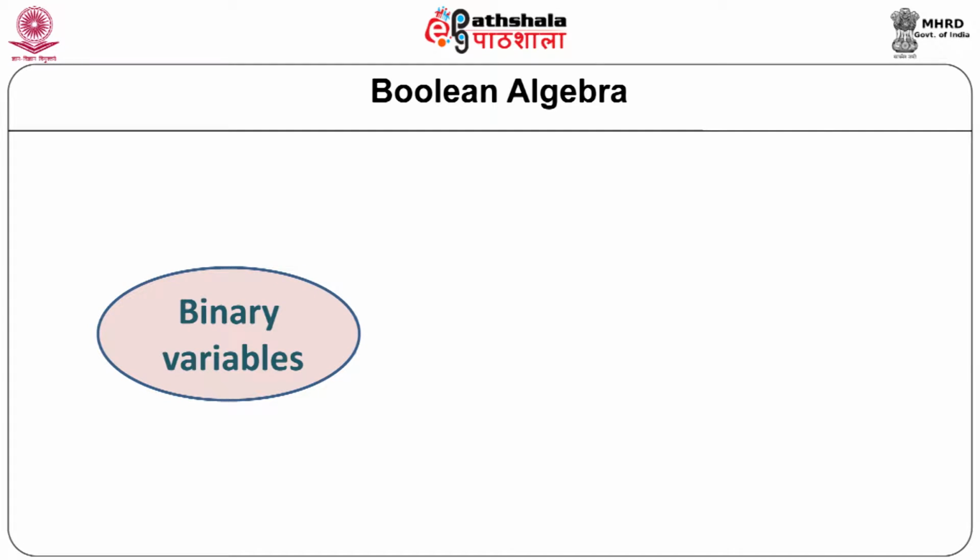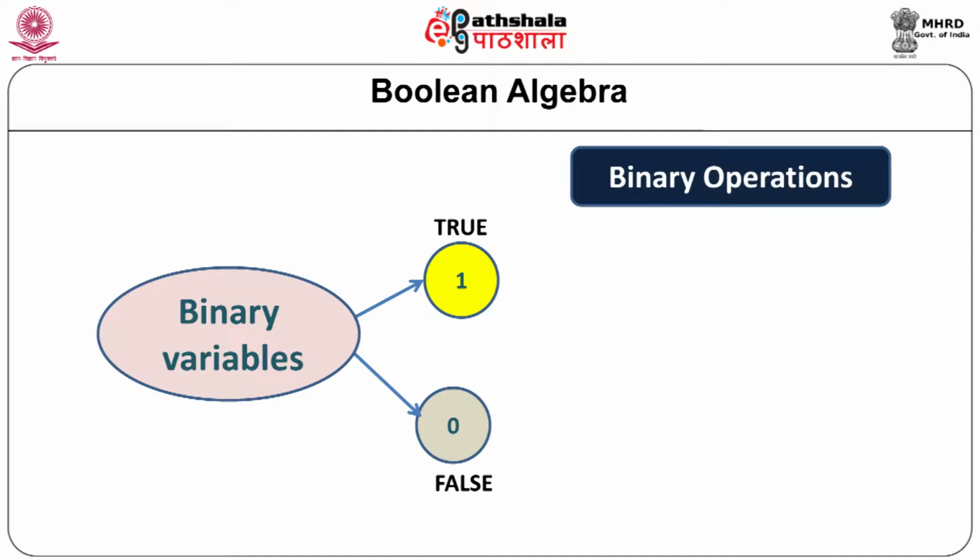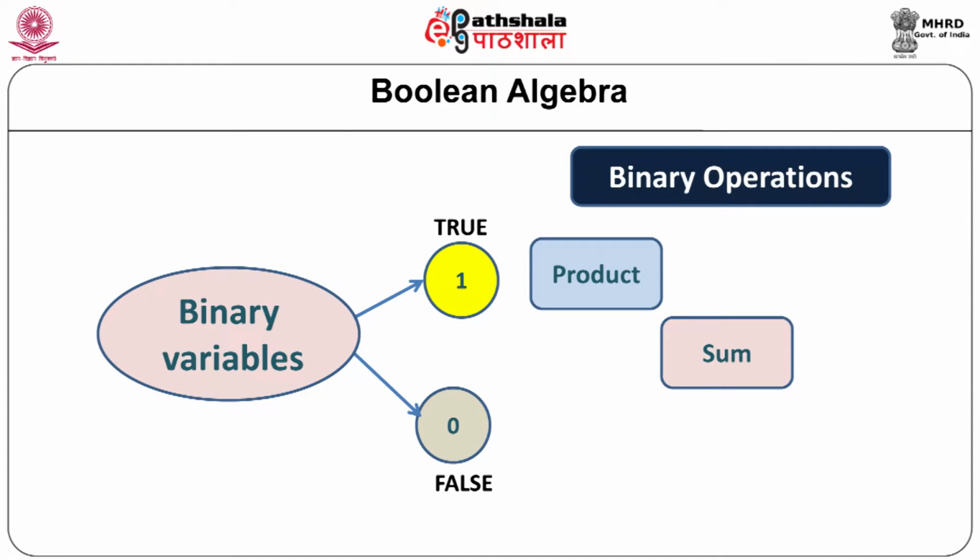In Boolean algebra, binary variables can take either of two values, 0 and 1, or true and false, whereas in traditional algebra a variable can have any value up to infinity. There are three basic operations: Boolean product, Boolean sum and Boolean complementation.